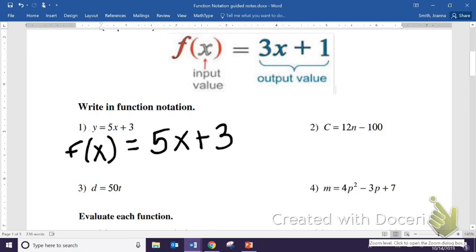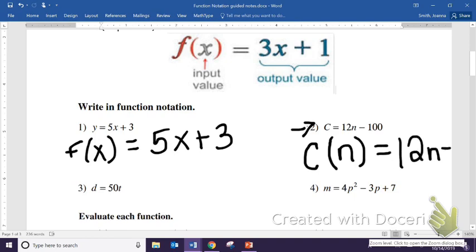Now we're at number 2. Because we have c is equal to 12n minus 100, c now becomes my f. What's my input variable? My input value is n. So c of n is equal to 12n minus 100. Mine's kind of going off the graph, I apologize.